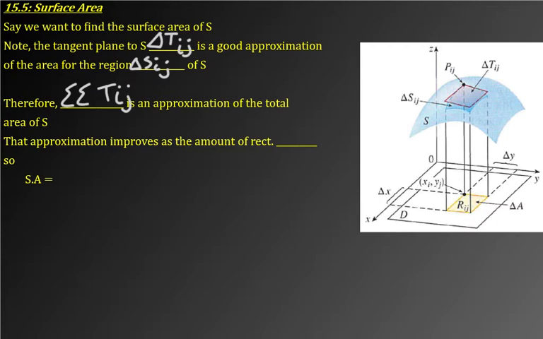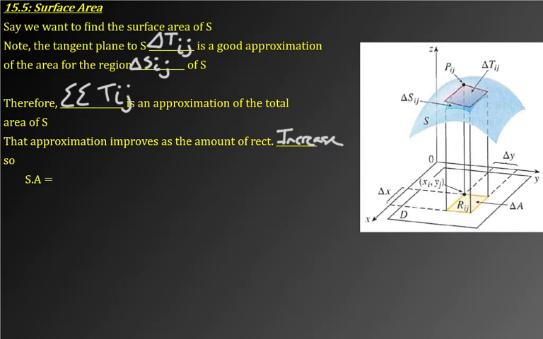This approximation would improve as the number of rectangles increases. If you imagine splitting that into 4 chunks, the corresponding tangent plane up here can be better, and so you would get a better approximation.